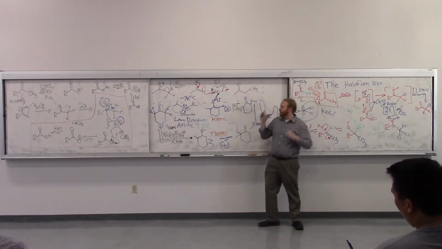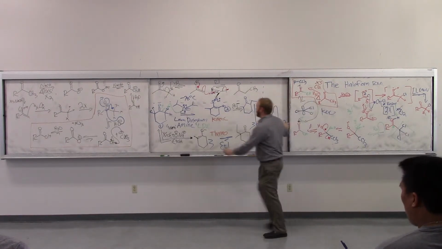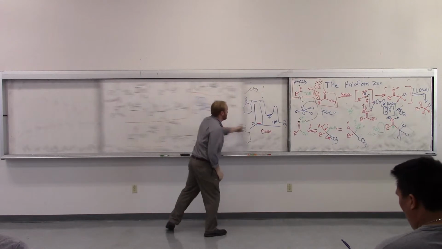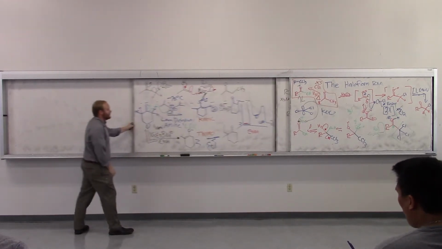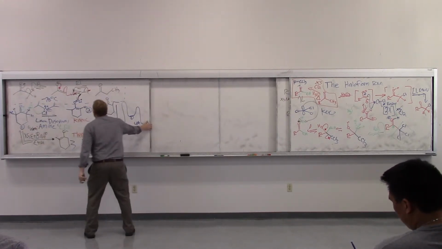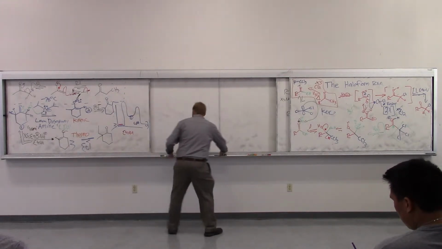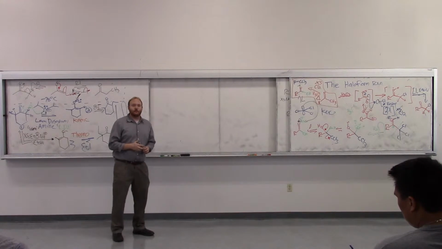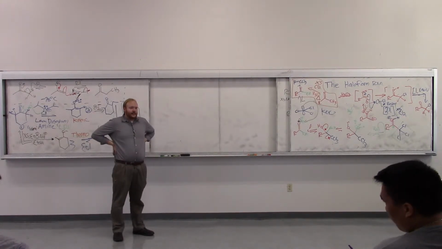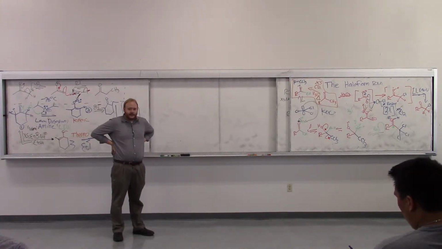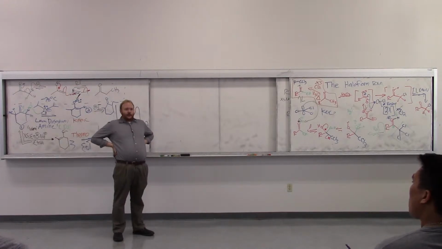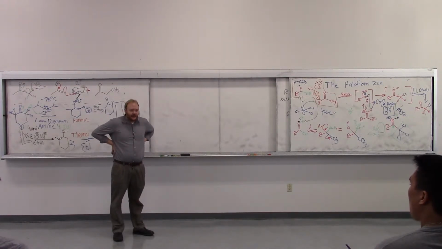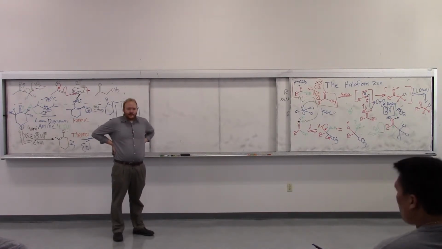I'm going to do some examples. So in general, under kinetic conditions, the less substituted carbon gets the electrophile. Under thermodynamic conditions, i.e. sodium methoxide, the more substituted carbon gets the electrophile.